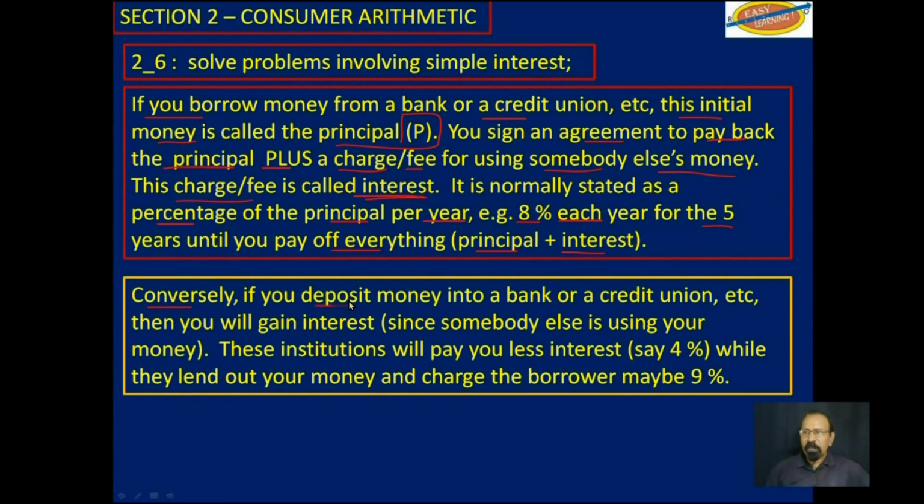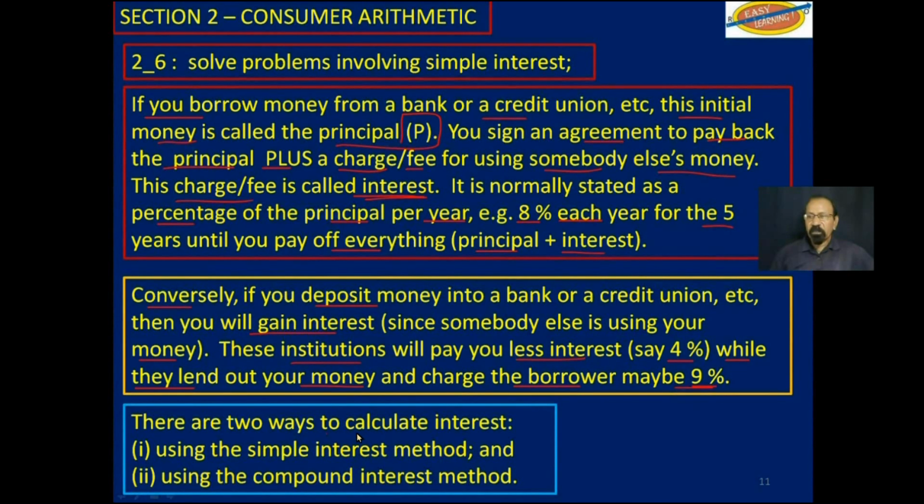Conversely, if you deposit money in a bank or a credit union, etc., you will gain interest since somebody else is now using your money. What happens is these institutions will pay you a small interest, let us say 4%, and then they will take your money that you deposit in your account in their business, and then they will lend that to somebody else and charge the borrower a higher percentage, say 9%.